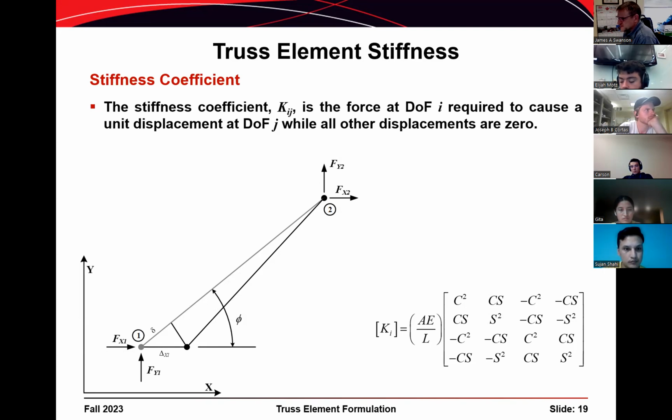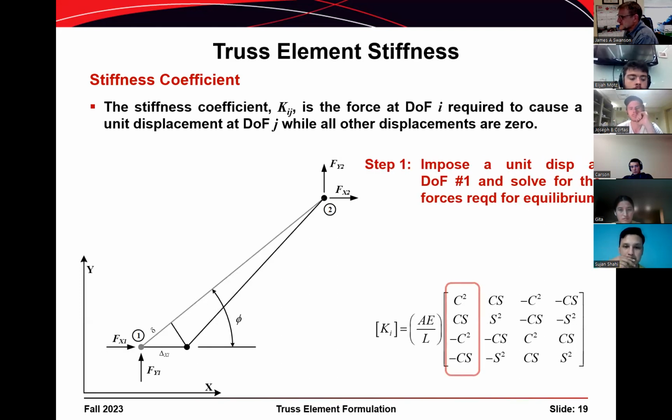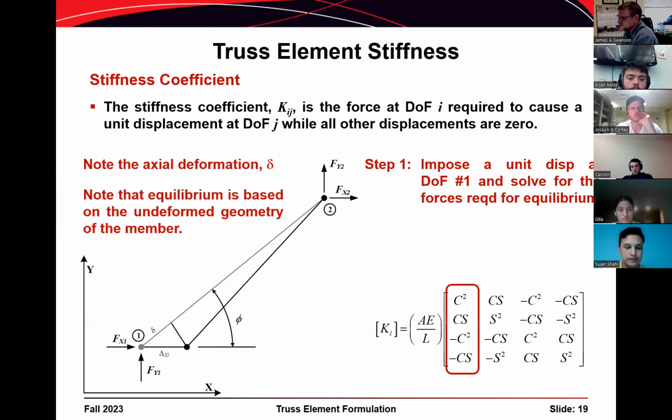So we have 4 degrees of freedom. We have delta X at the first end, delta Y at the first end, delta X at the second end, delta Y at the second end. We set one of those displacements equal to 1, where the other displacements are set equal to 0. And in so doing, we determine the stiffness coefficients that are in one column of our stiffness matrix. So we go through and do that step by step.